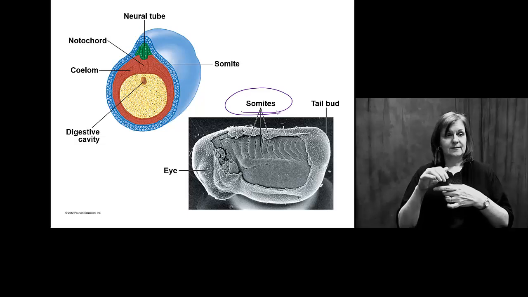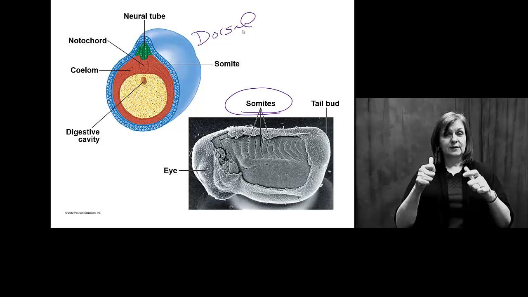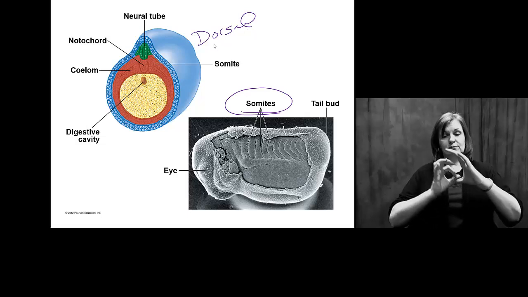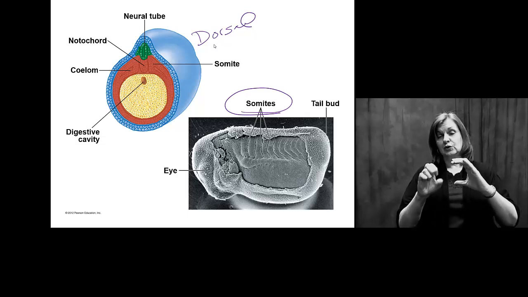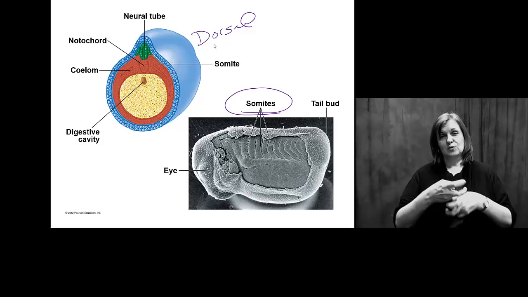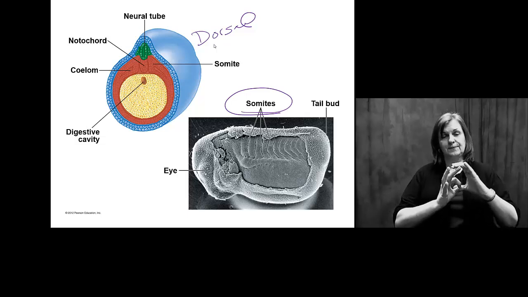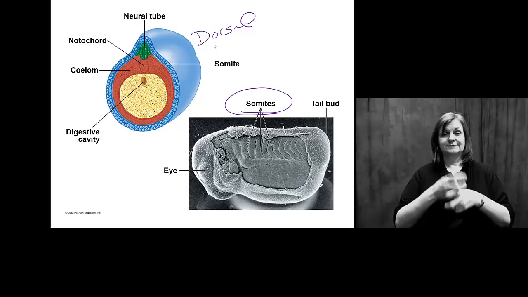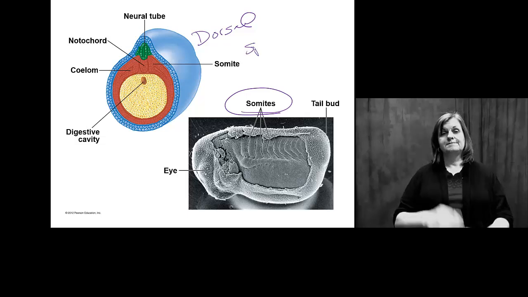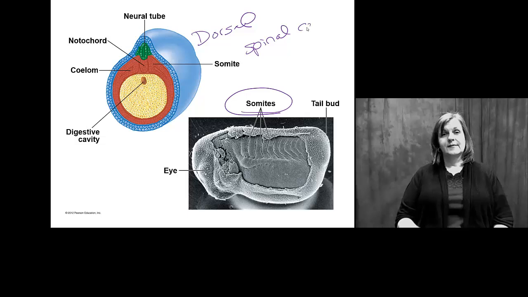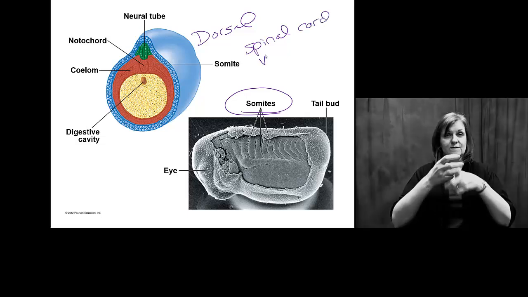The area has enlarged along the dorsal side to make room for the neural tube and the vertebrae that we're going to have to produce to protect it. In particular, the formation of the spinal cord, as we mentioned, and the spinal vertebrae.